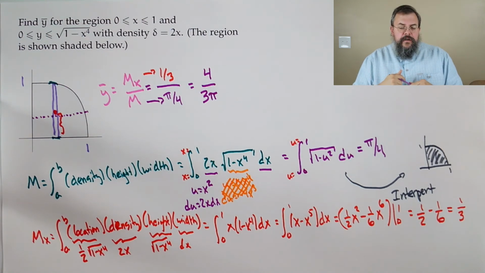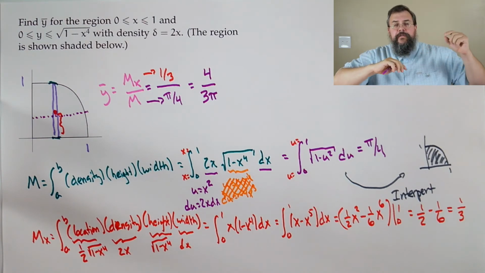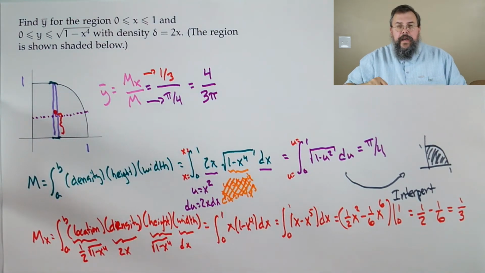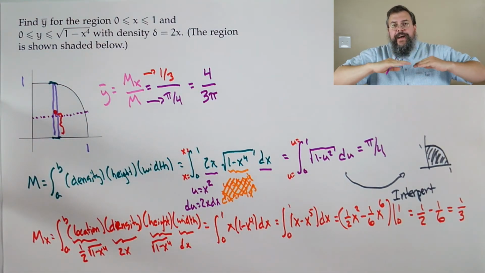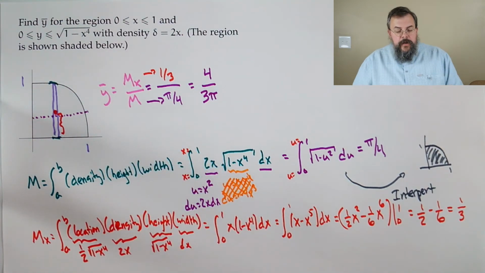And as we look at the picture, we're like, that makes sense. Because if you think about it, there's no part of the curve other than here where it's at 1. So the y-coordinate should be a little bit below a half, because we're definitely missing pieces there. So, okay, yeah, that's a reasonable answer.